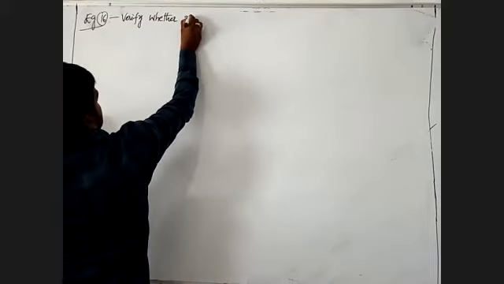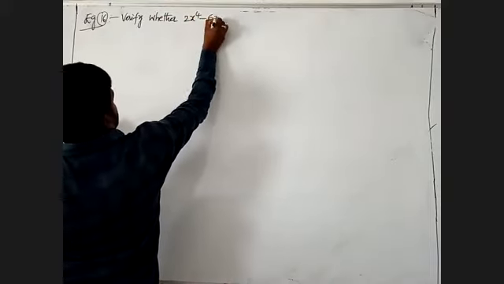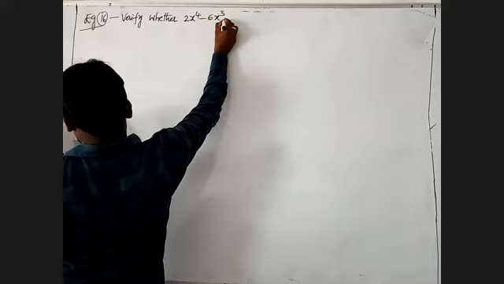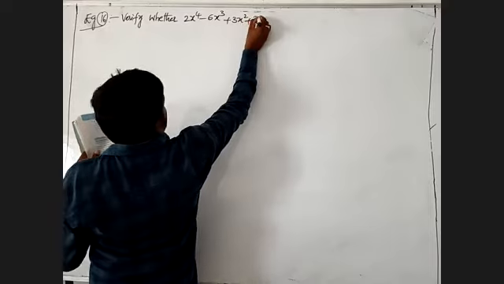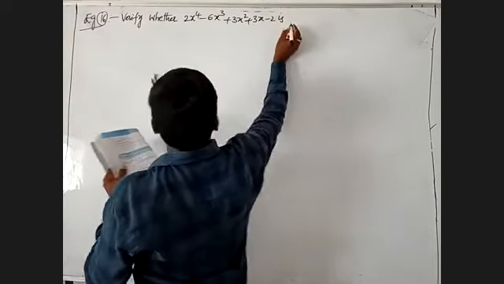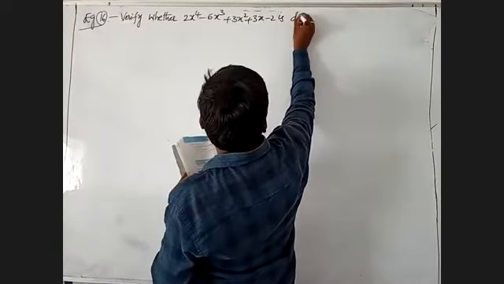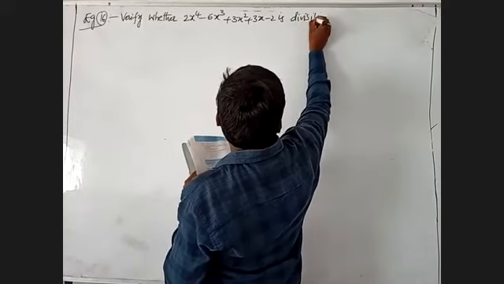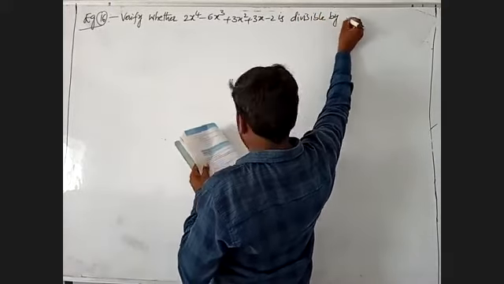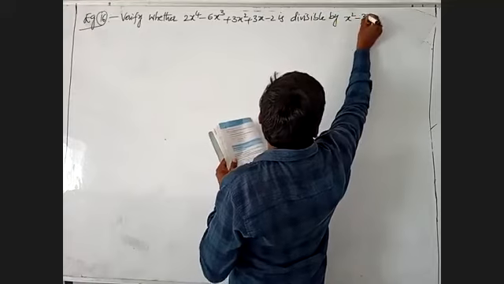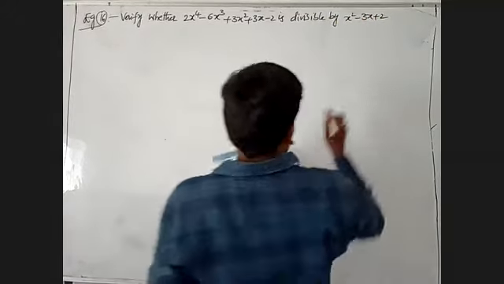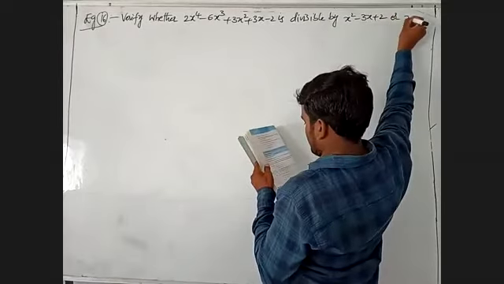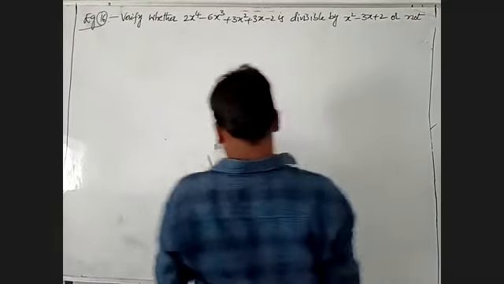whether 2x power 4 minus 6x cube plus 3x square plus 3x minus 2 is divisible by x square minus 3x plus 2 or not.